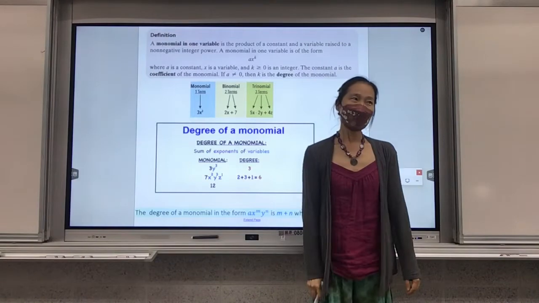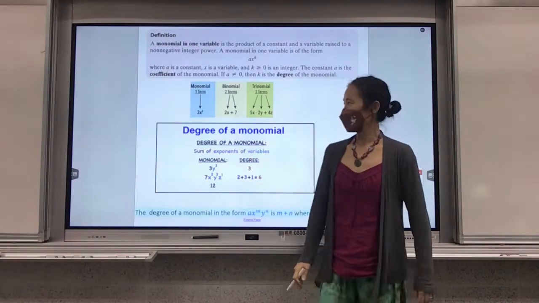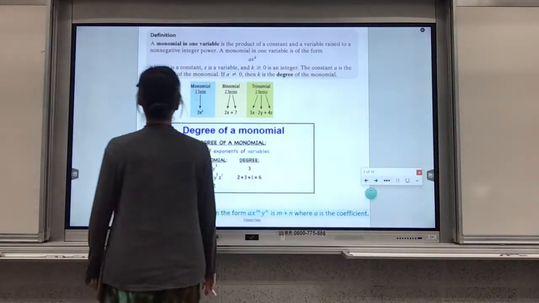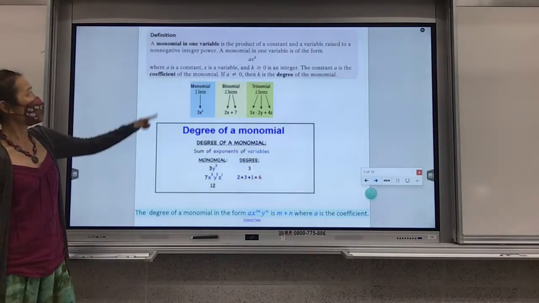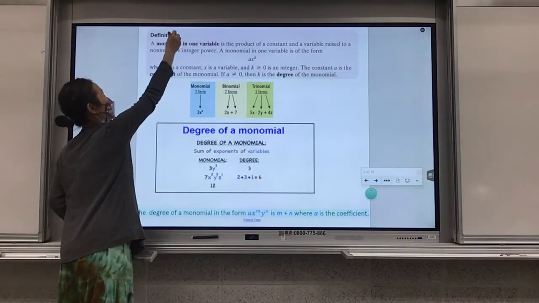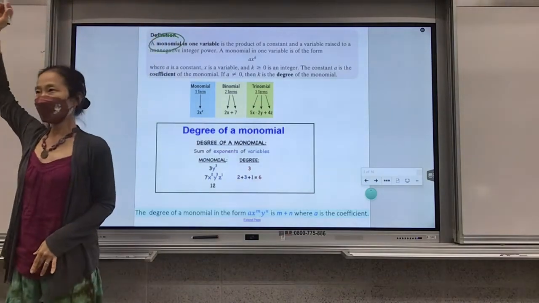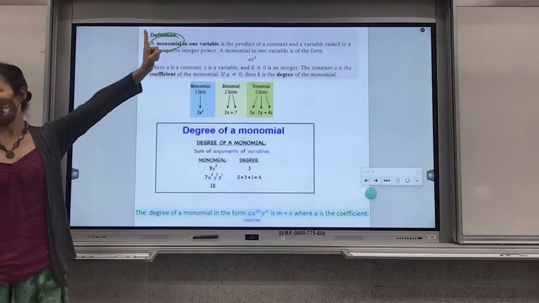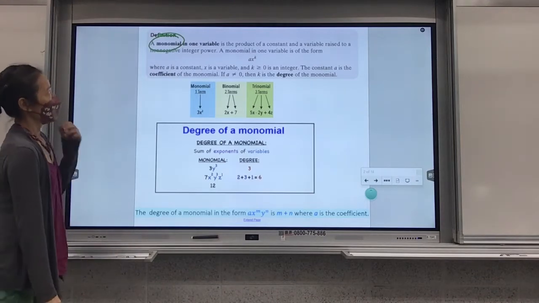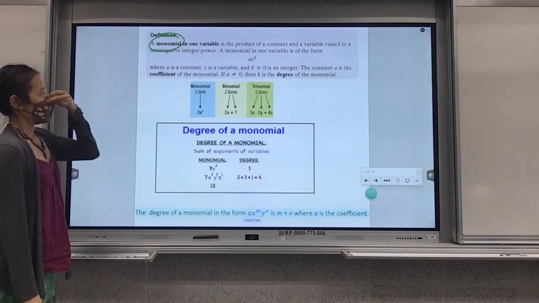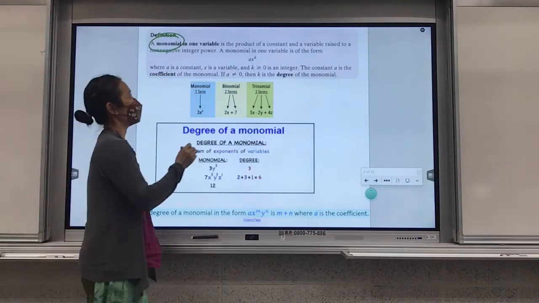Yeah, but I send the link to you all if you want to review. Definition, okay? We have monomial. What is monomial? It's just one term. One term only. So, look at this.